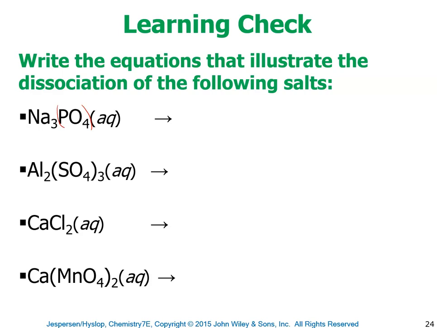Just like we did last time, we want these to be balanced. So we have 3 sodium, or sodium salt compounds, and then phosphate, and then we have the aqueous solution here, so these are in the aqueous form. So do that for the other 3, and then we'll move on to the next couple of slides. So post this in the Blackboard space.